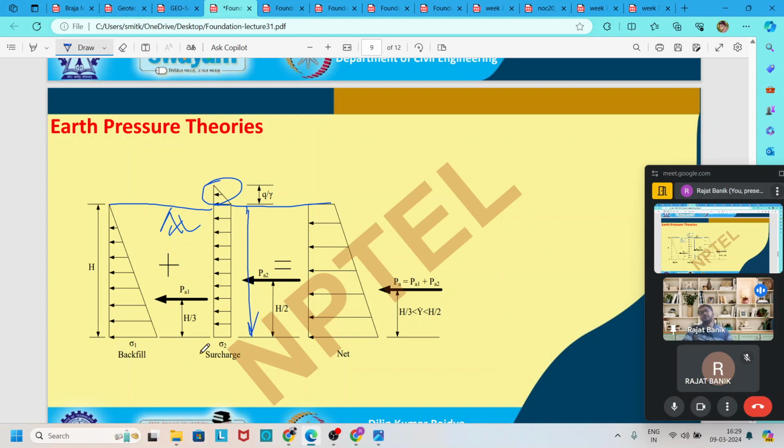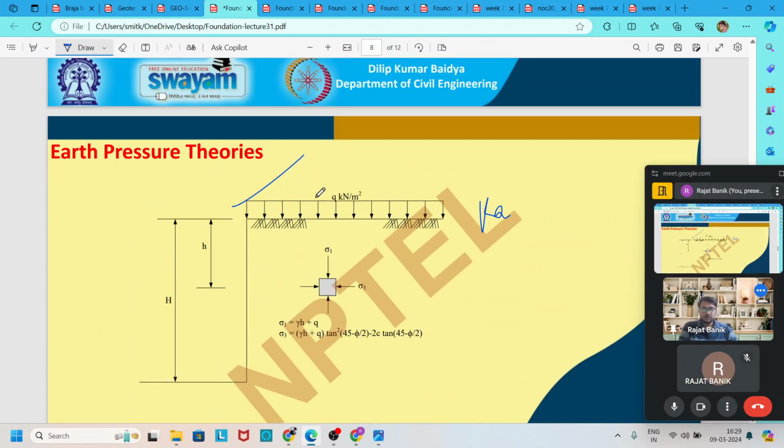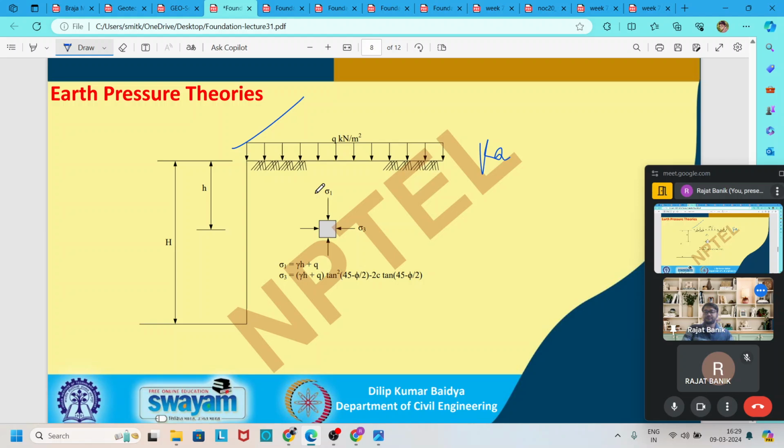If there is an external surcharge, one vertical pressure diagram comes, that is q, and if you multiply by the coefficient, either K or Kp, it becomes the horizontal earth pressure qK.